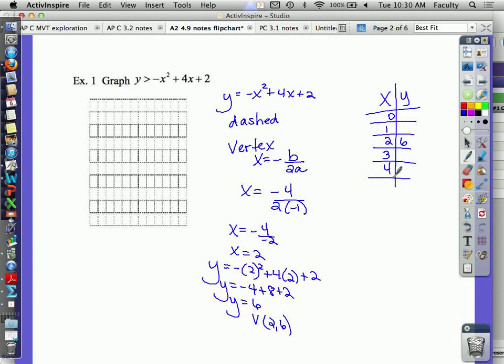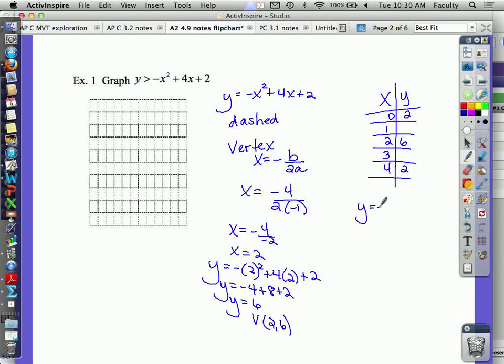Then you're going to make a table of values with the vertex in the middle. If there's fractions, will you use our calculator? Yes, but this one doesn't have any. Yes, if you do get one, and we're going to look at one here in just a moment, you do get a fraction, and we'll use the calculator. All right, so if I plug in 0, I get 2.